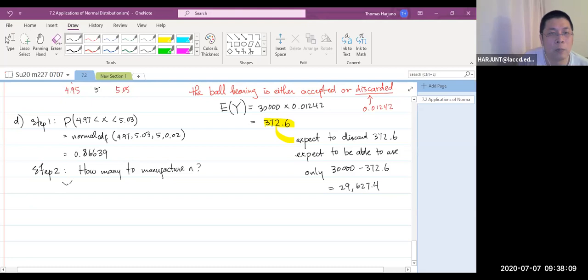Okay, now then we will answer the second question, how many to manufacture? So the number of ball bearings we will manufacture, let's call that Y, is binomially distributed. You produce N, the probability of being accepted, the probability that you don't reject it. This is the probability of the ball bearing to be accepted.